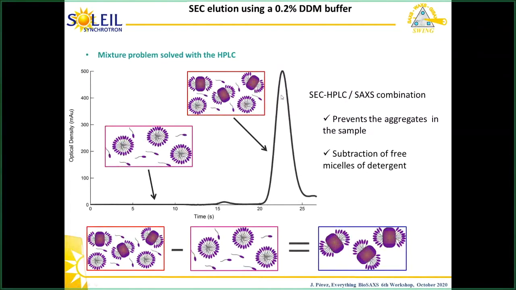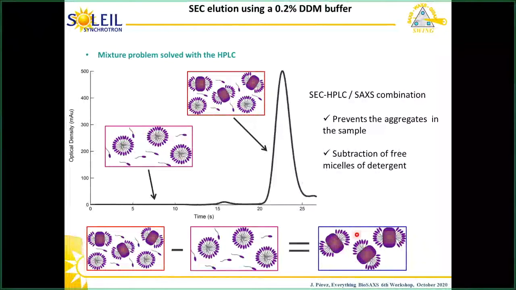So at the end, if you have this elution peak here and you collect the SAXS data under the elution peak and you subtract the data collected on the buffer, then you will end up with scattering curves from pure protein complexes.